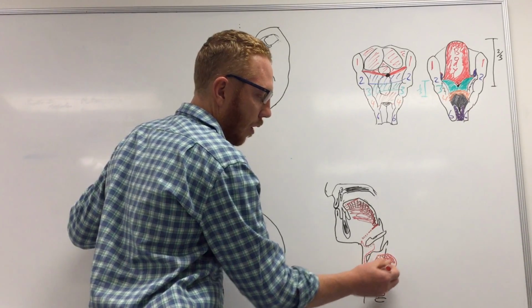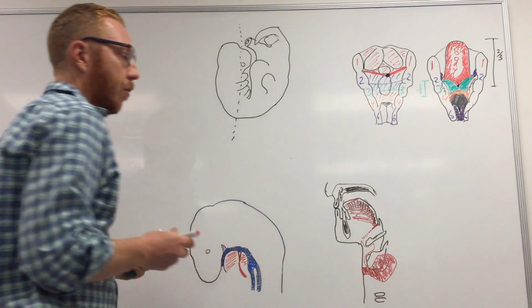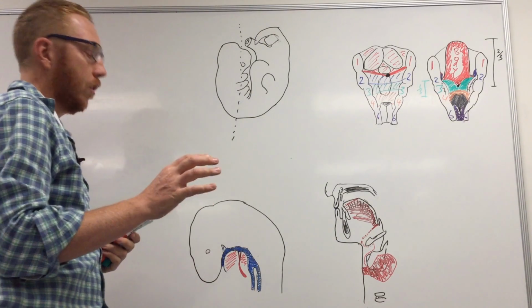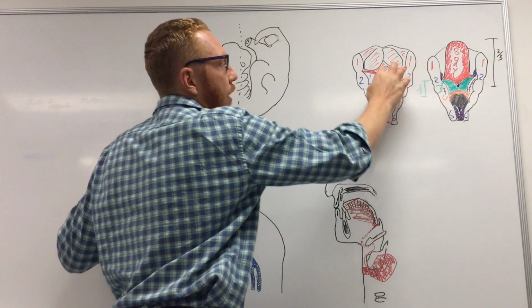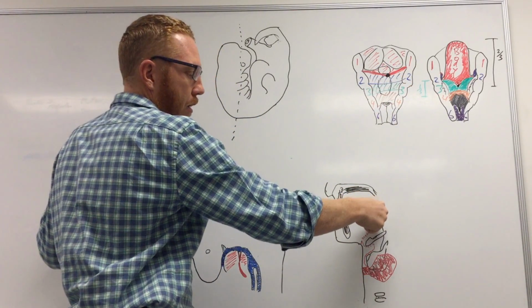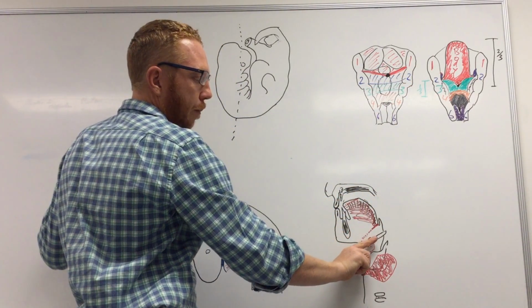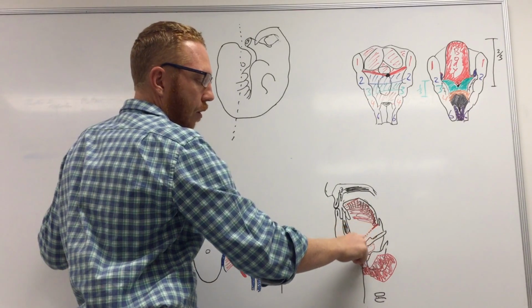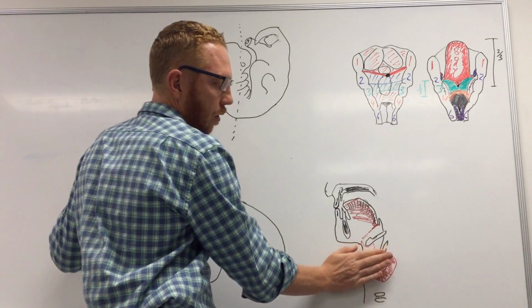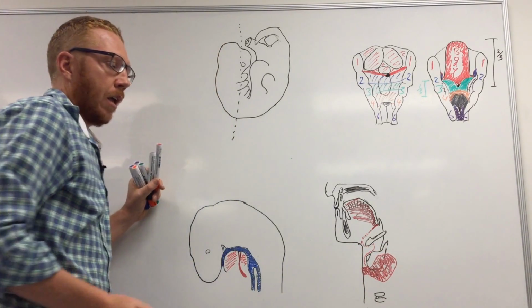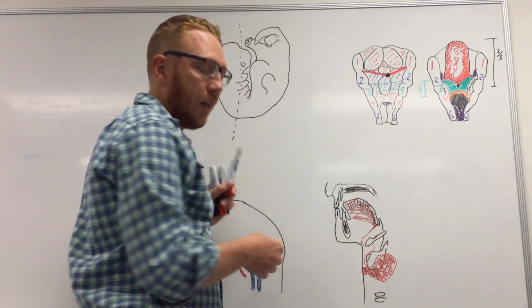So it's going to migrate down and around through the thyroglossal duct. So the main thing just to be aware of, it originates from the foramen cecum, comes down in front of the hyoid, loops up behind it a little bit, and then migrates further until it arrives down in front of the thyroid cartilage at about the 7th week.